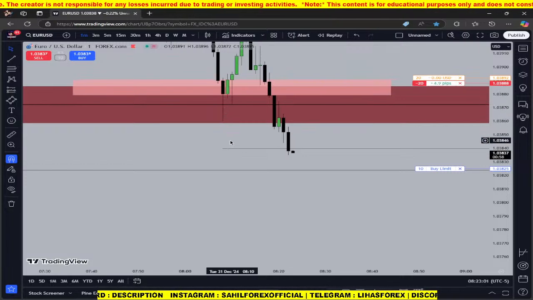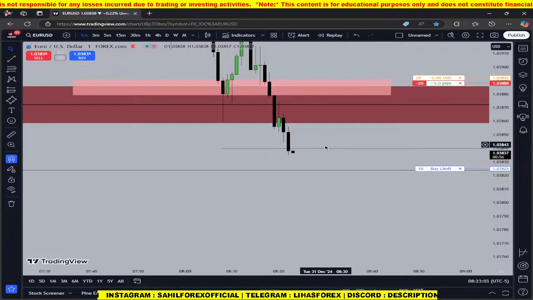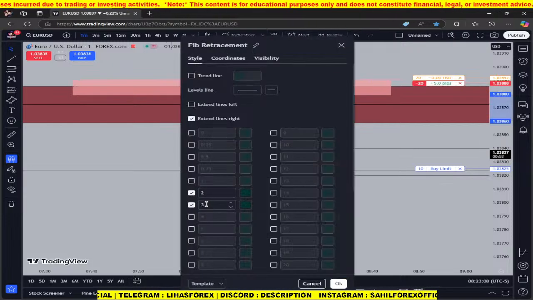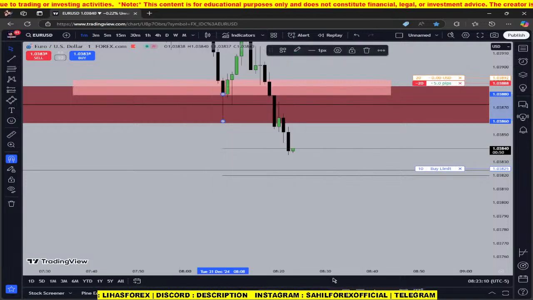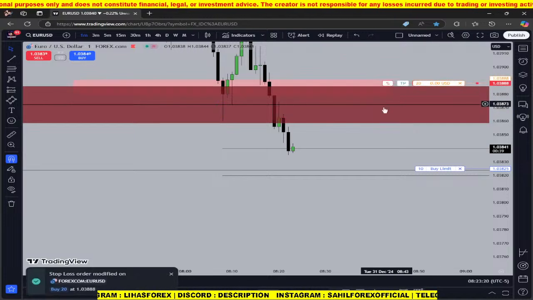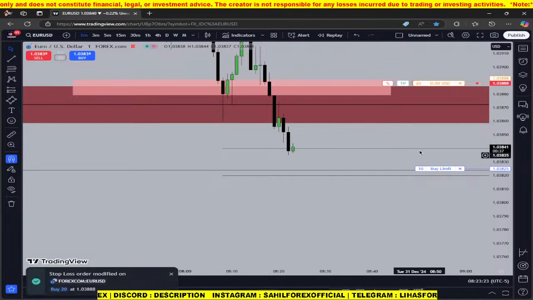Let us see. If we can conquer this area, I'll probably move my stop towards this. Right now it's up to break even. I don't care, right? I have got one limit.